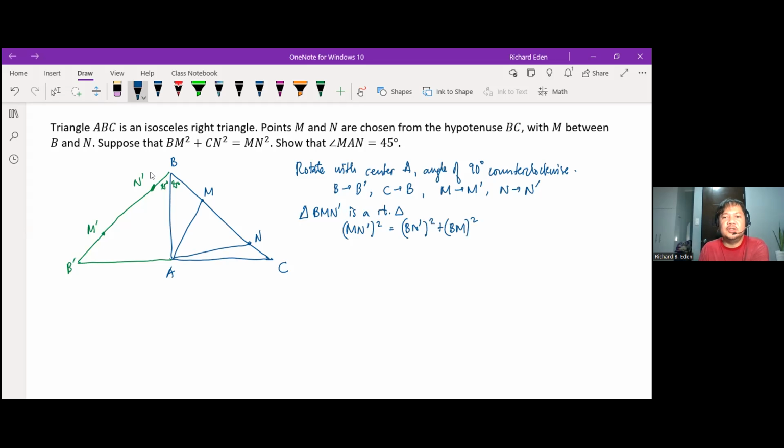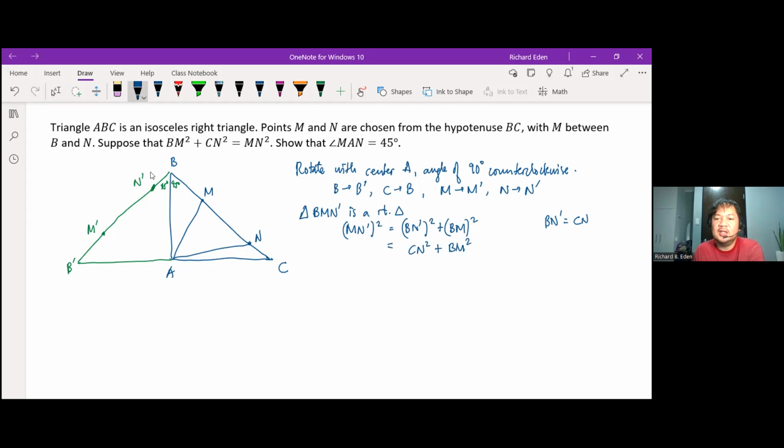But because of the rotation, BN prime is the same as NC, or CN. So this is CN squared plus BM squared.